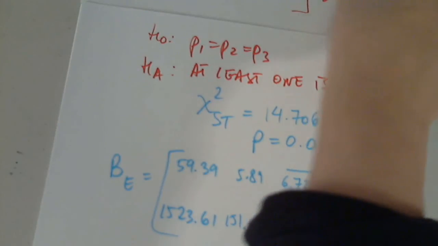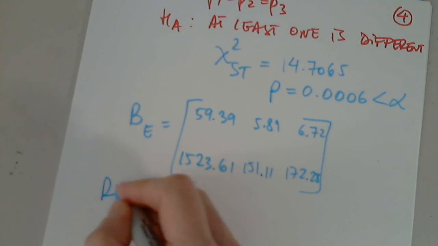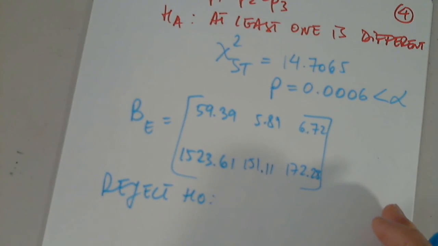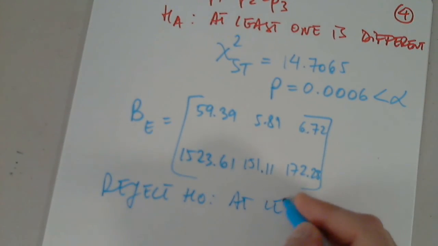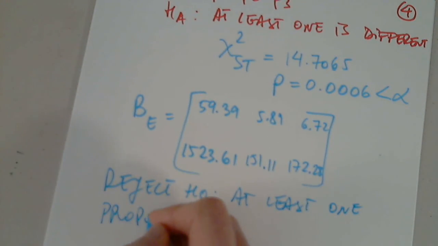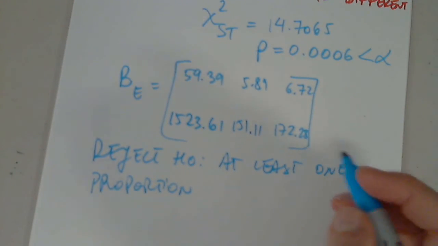And our conclusion would be that we reject the null hypothesis, meaning at least one proportion is not equal to the other two.